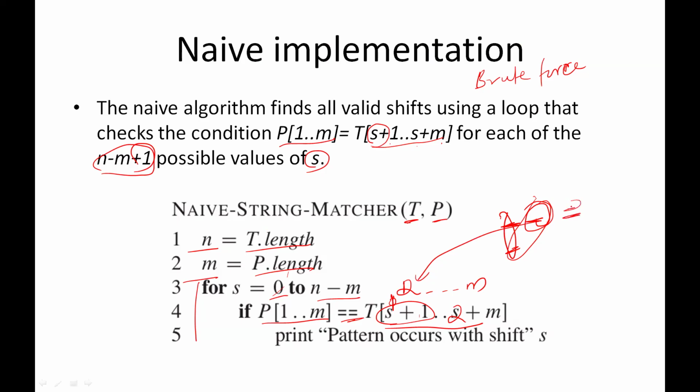Now next time it will be starting from the third character. And next time it will be starting from the fourth character. So every time the value of S is changing from 0, 1, 2, 3, every time you will be adding something. So earlier it was 0, so 0 plus 1, you started from the first character. When S becomes 2, it will be 2 plus 1, maybe 3, maybe 4, and so on. So this way we have to find the shift where the pattern occurs in the original text.